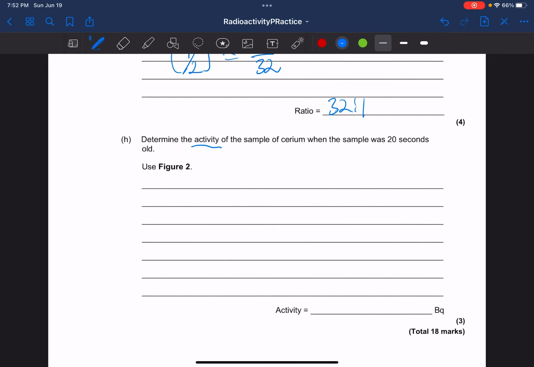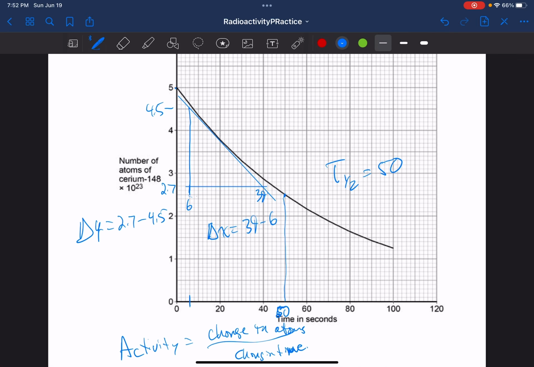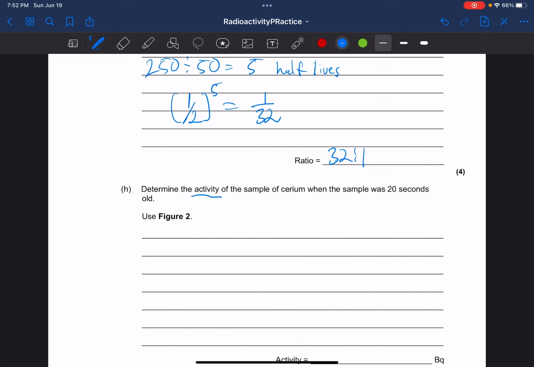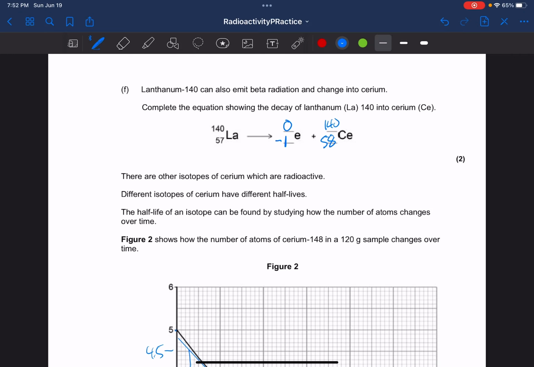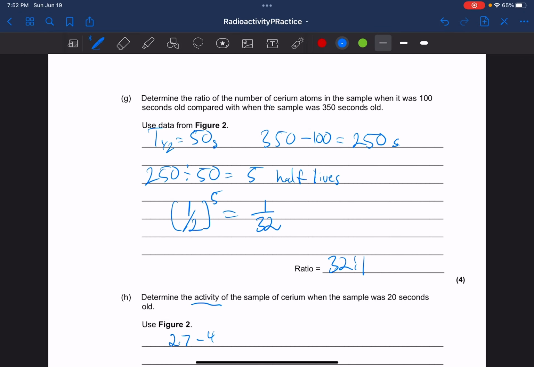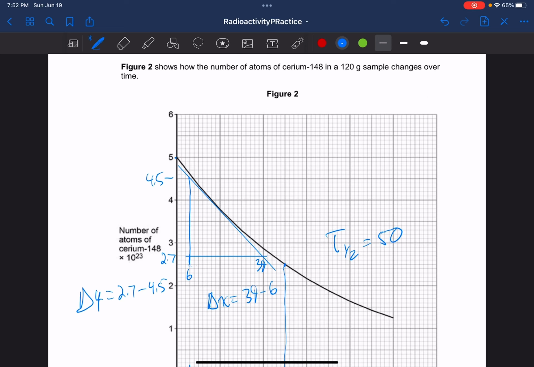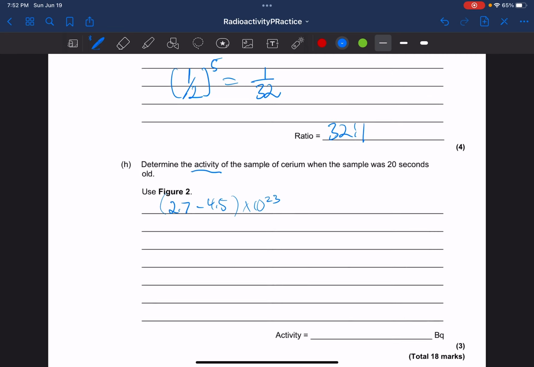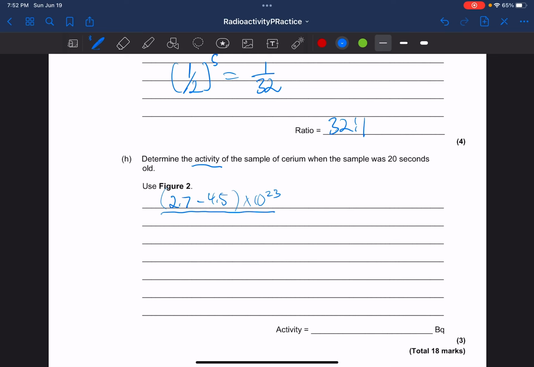I'm going to take those values and go here. You get marks for actually drawing your tangent on the graph and trying to take a gradient. So with my values, 2.7 minus 4.5, and I don't want to forget this is times 10 to the 23, because that is right here. Then divided by 39 minus 6. Activity is always a positive number, so I'm going to take the absolute value, because I'd get a negative value otherwise, and that doesn't make physical sense.